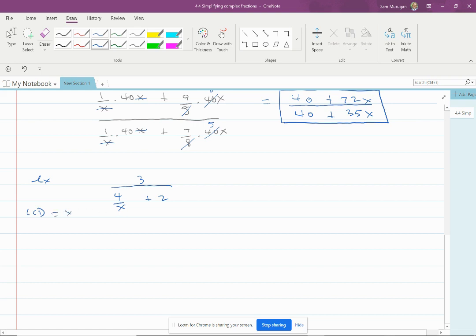So everything gets multiplied by x. So this is equal to 3 times x over 4 over x times x plus 2 times x, which is equal to 3x. This cancels out here. 4 plus 2x.